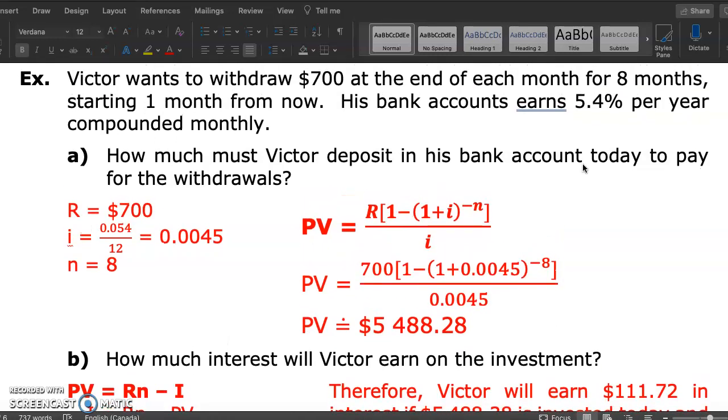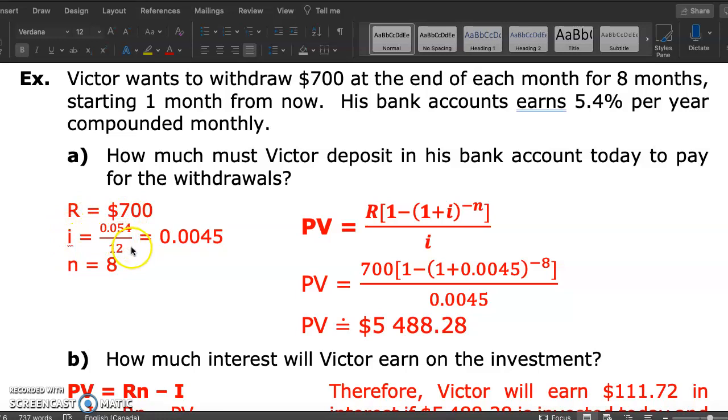So using the GUESS method, the given information, the unknown value is the present value, and the equation that we need is the present value formula. We're going to substitute in our values, and then we're going to solve. Now, notice that the regular withdrawal we want is $700.